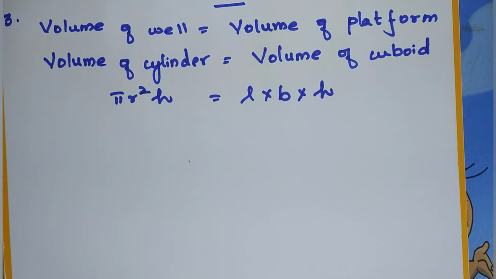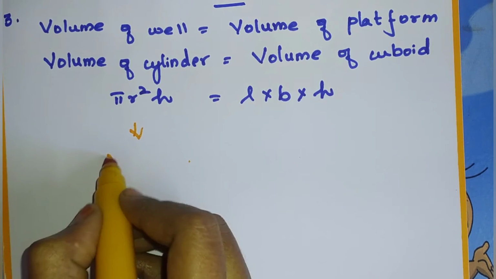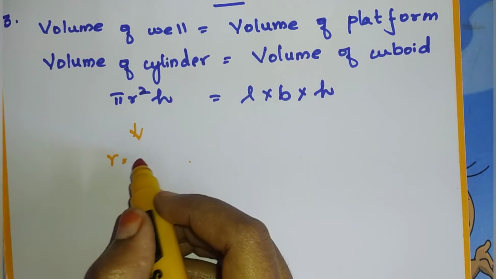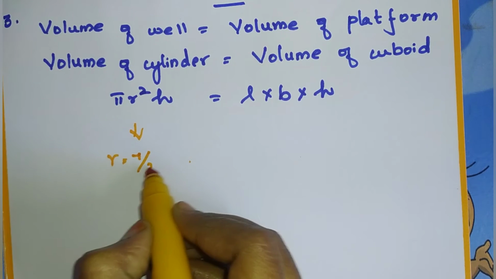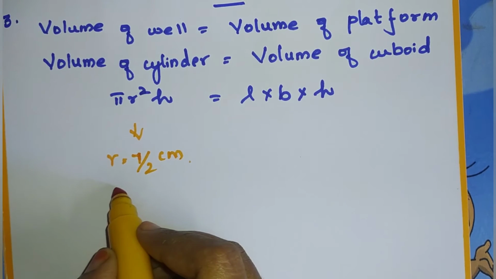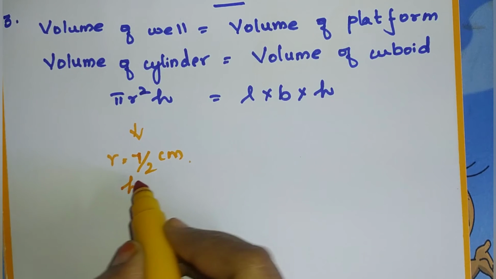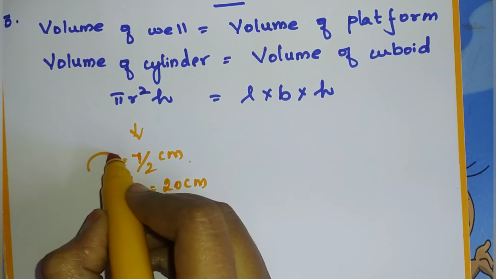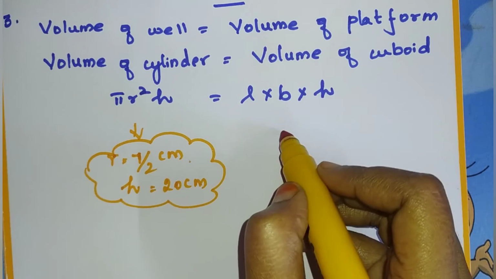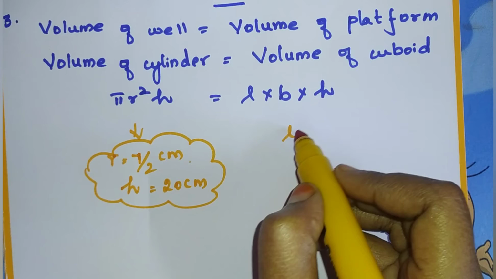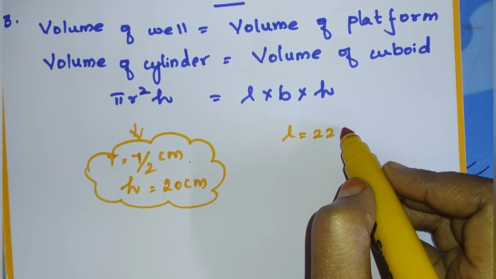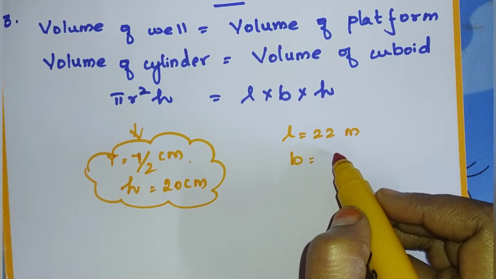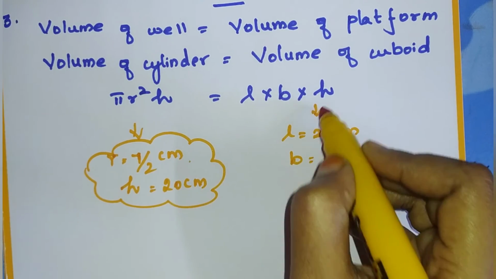So for the remaining things you have to substitute. The radius of the cylinder: diameter is 7 meter, so the radius is 7 by 2 meter, and the height of the cylinder, that is the height of the well, is 20 meter, and the length of the cuboid, the length of the platform, is 22 meter and breadth is 14 meter.